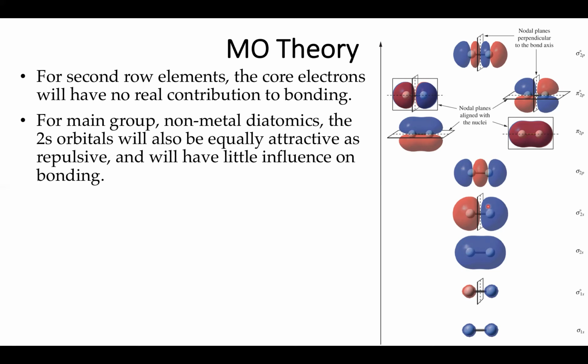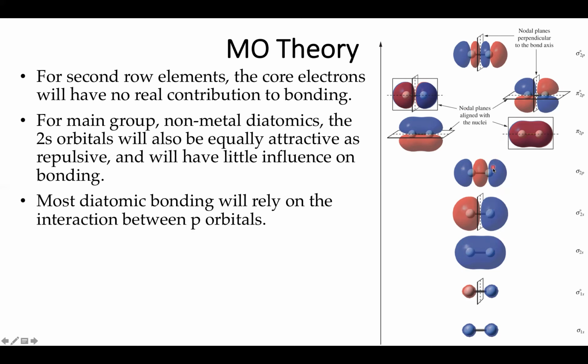They will be equally as attractive as repulsive in these diatomic systems. Now, if I start bringing in other molecules, more than just the 2 mixing, that won't necessarily be the case. But for these diatomic cases, they tend to cancel out. So most of the interest is going to be put on these p orbitals, as this is where most of the action is.